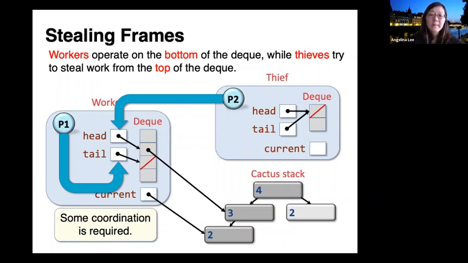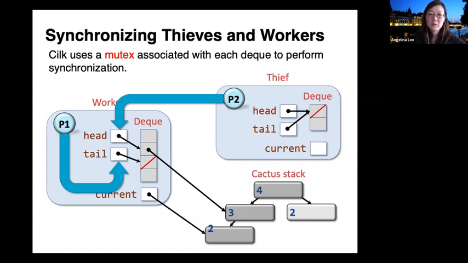Okay. So how do we do the coordination? Well, in this case, we use a mutex associated with a deck that performs synchronization. Okay. And so a naive implementation would be whenever a thief wants to operate on the deck, it grabs the lock. Whenever a worker wants to operate on the deck, it also grabs a lock. However, we can actually do better than that.